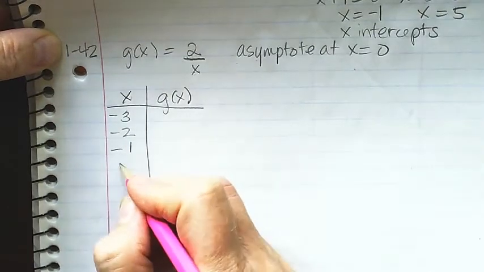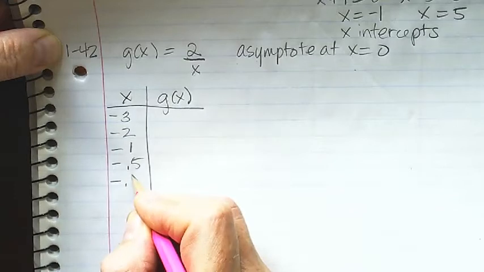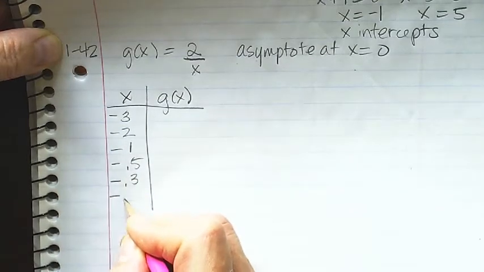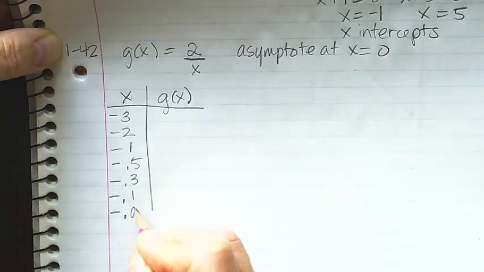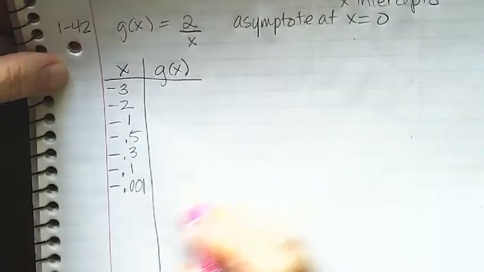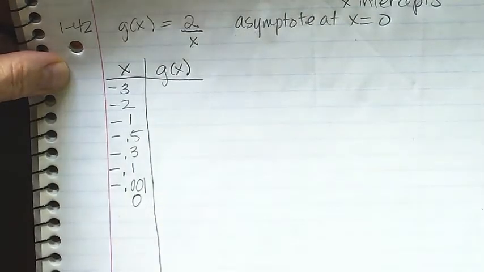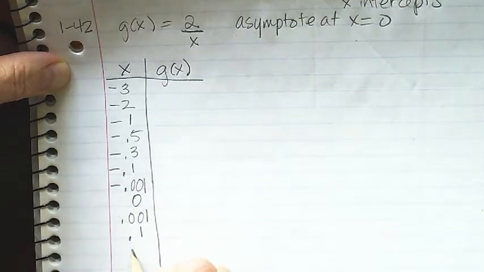And then as I get close to 0, I'm going to do like negative 0.5, negative 0.3, negative 0.1, maybe like negative 0.001. And then let's do some values. Well, we can put 0 in there. And then let's do positive 0.001, positive 0.1, and so on.